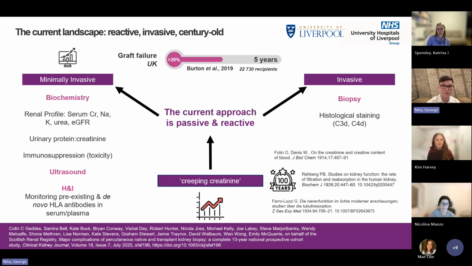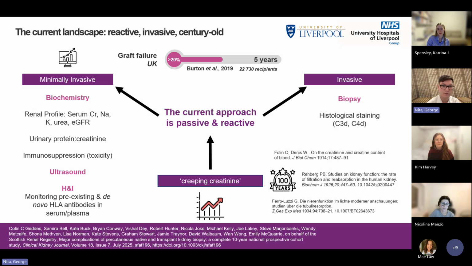What happens at present in all the transplant units is we see patients like yourselves coming through the clinic, and we look at your creatinine. And whenever we see an increase in the creatinine, that kind of raises some red flags. And then we start throwing a battery of tests on you, some of them being non-invasive, or minimally invasive, because it's still a blood test.